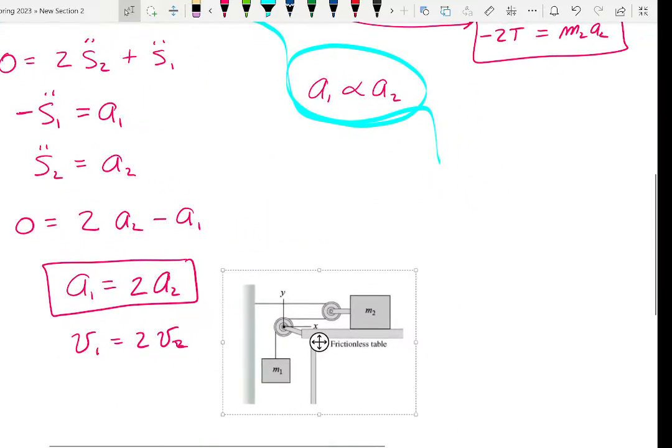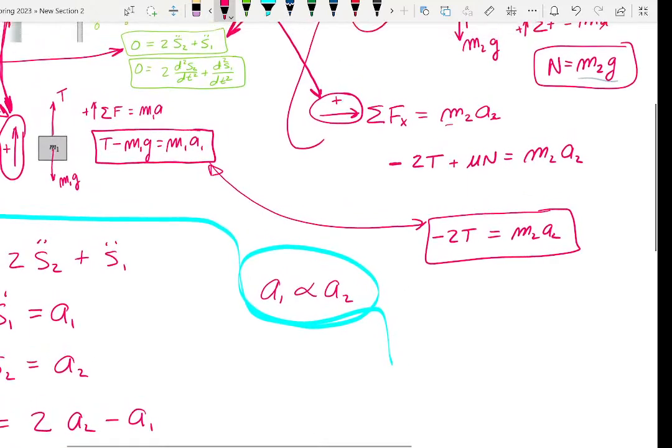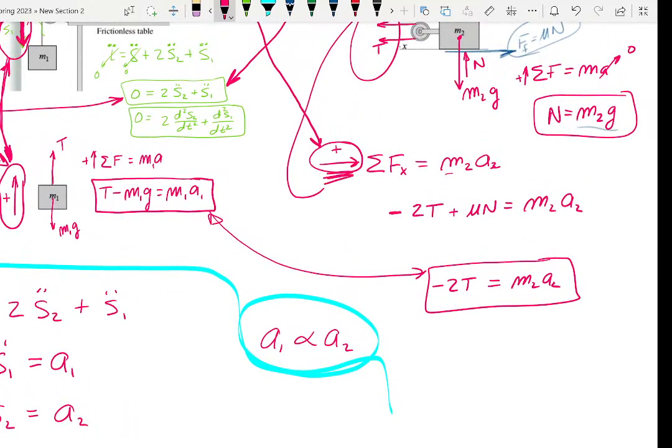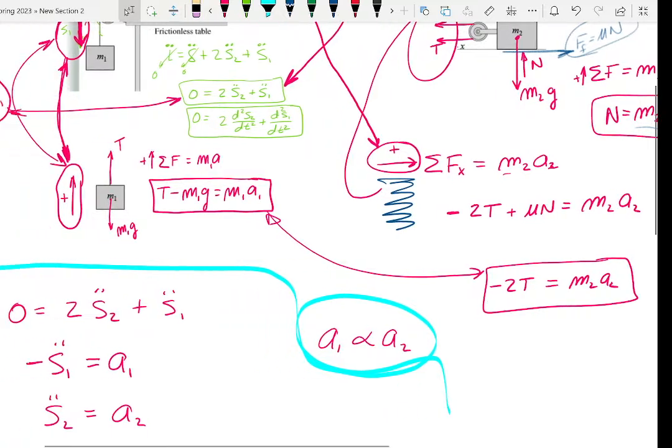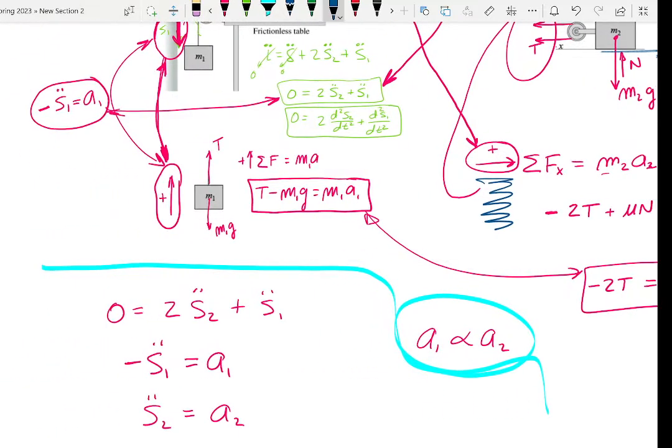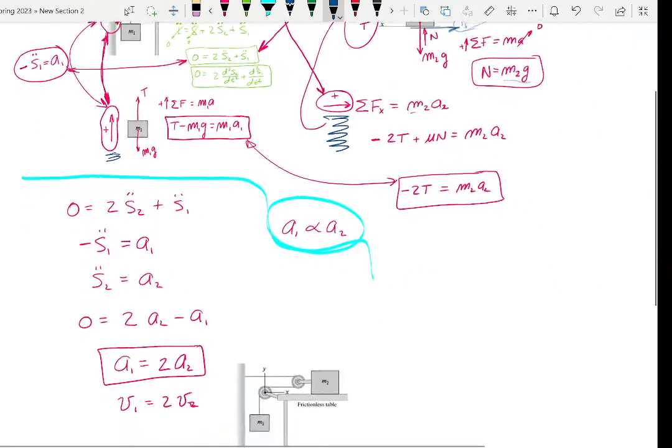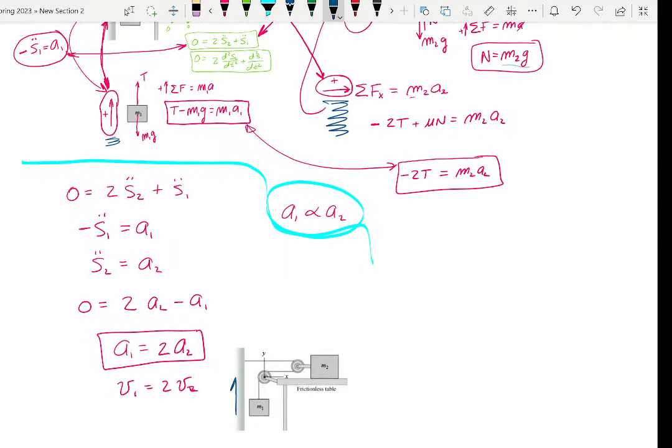So, what I have done, okay, so I'm in the A1 and A2 world, which means I'm now in this one. Here, just to make sure. I'm in this one. And I'm in this one. So up and to the right. So up and to the right.